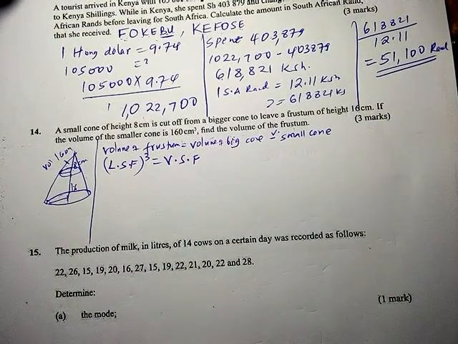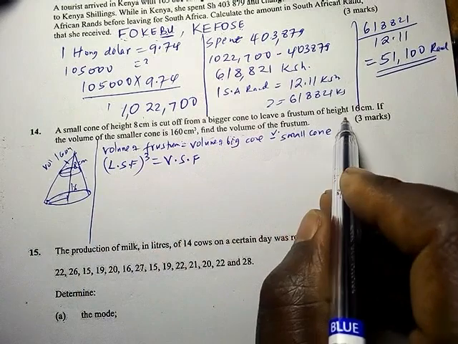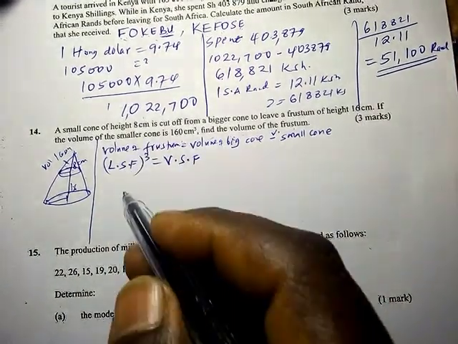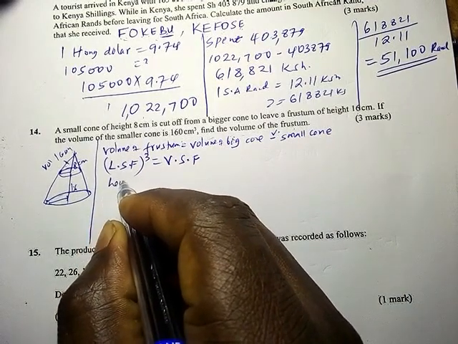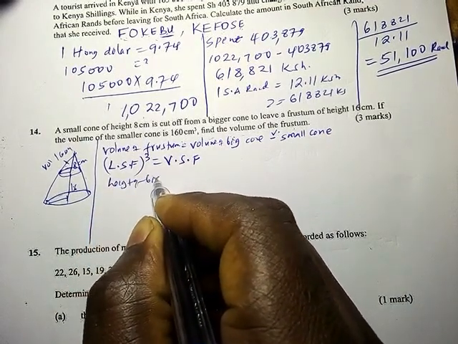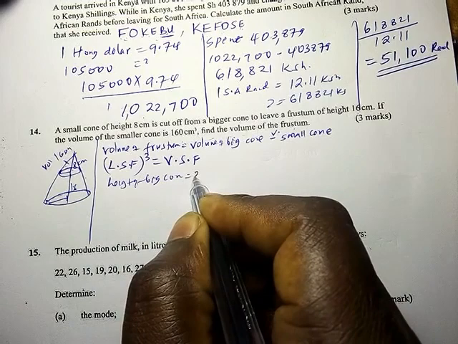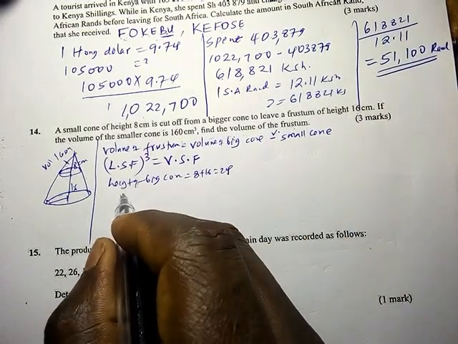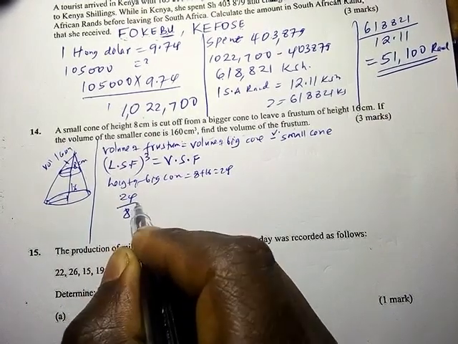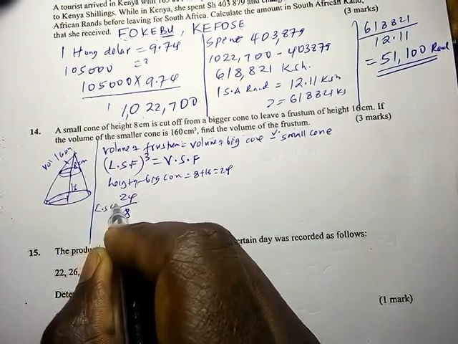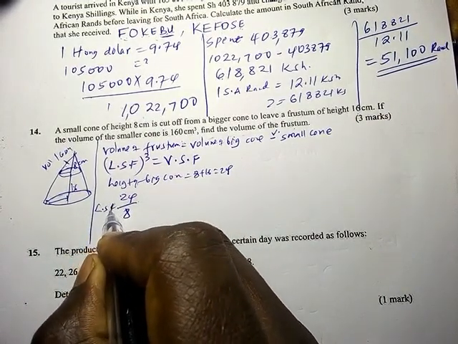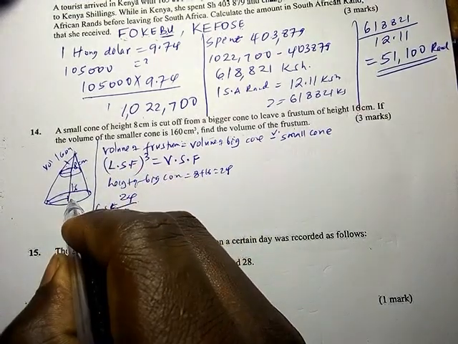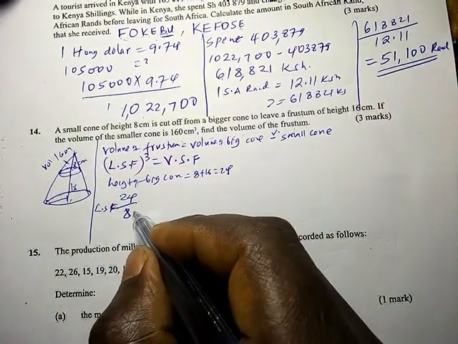So how do we get the linear scale factor? The height of the big cone is going to be 8 plus 16, which is equal to 24. So 24 divided by 8 gives us the linear scale factor.